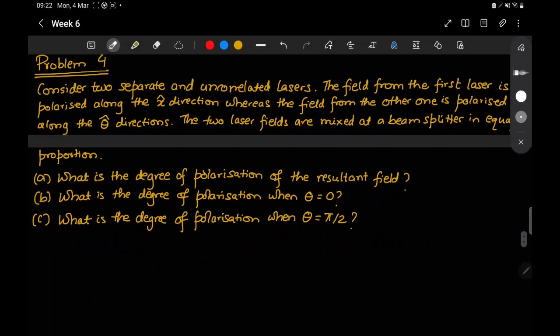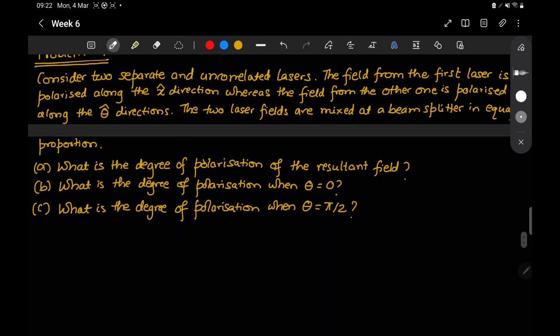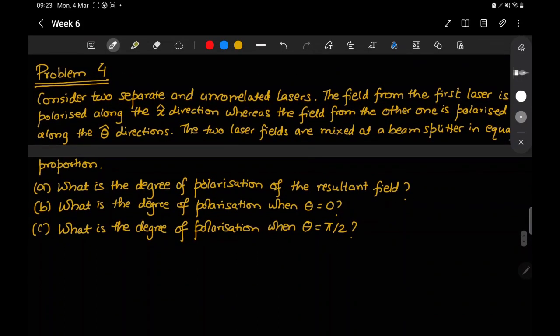Part A. What is the degree of polarization of the resultant field? B. What is the degree of polarization when theta equals 0? C. What is the degree of polarization when theta equals pi by 2? So take about a minute to read.